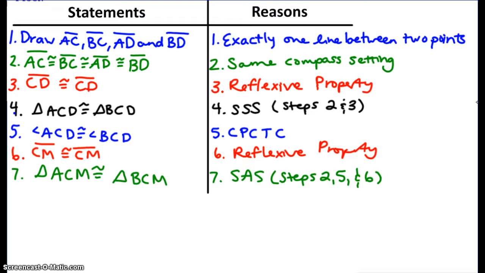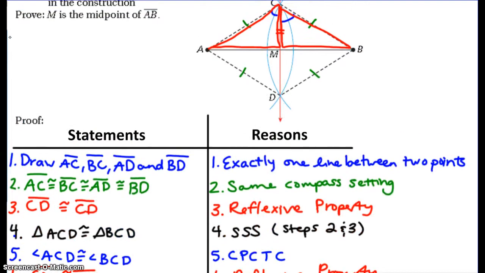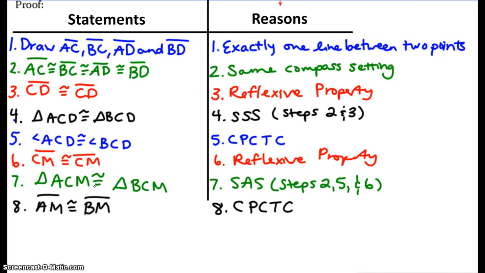So what that means for us is that we know that line AM is congruent to line BM by corresponding parts of congruent triangles are congruent. Since AM must be congruent to BM, then M has to be the midpoint of AB.